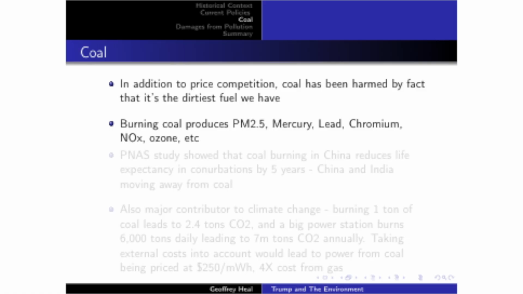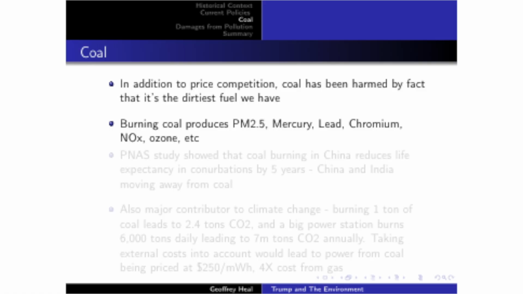They don't have cheap natural gas like we do. What's driving the concern there is just urban pollution. Pollution levels in India and China are absolutely horrifying. And a lot of that pollution is driven by burning coal. So it's the concern about the dirtiness of burning coal that's driving other countries away from coal.